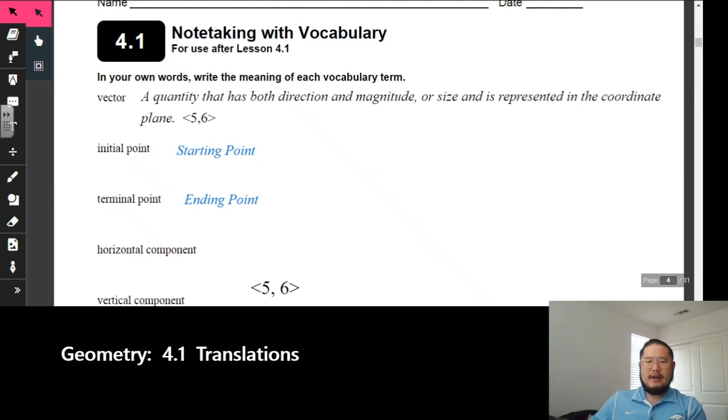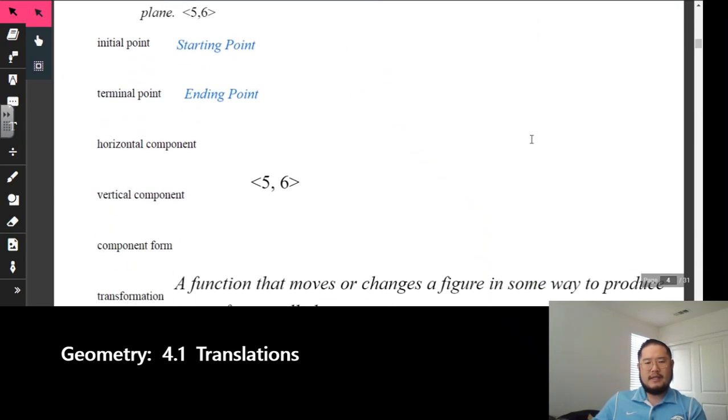As we move down right here, let's take a look at what we call a horizontal component and vertical component. So when I'm looking at this vector, think of it similar to x and y, where this number 5 is your horizontal component.